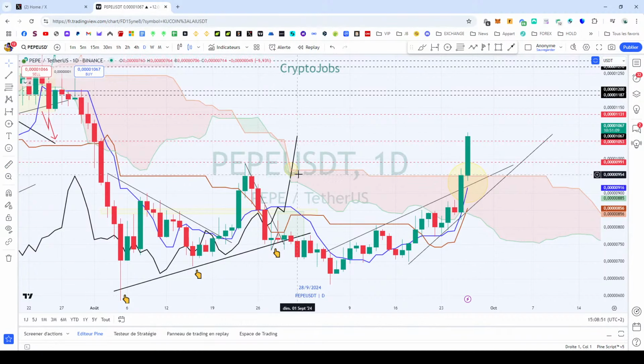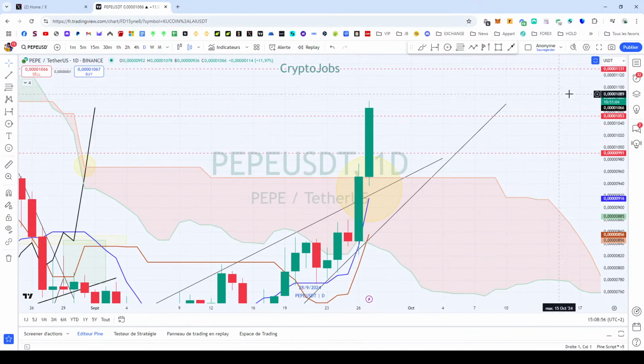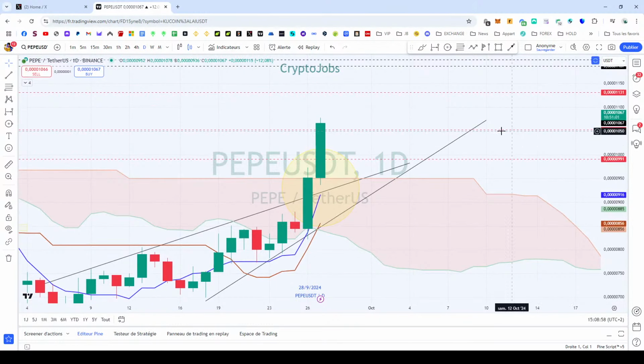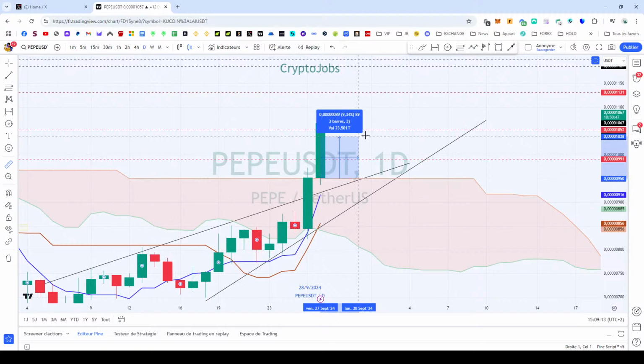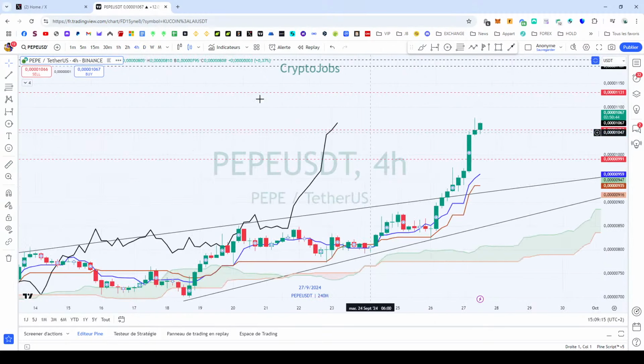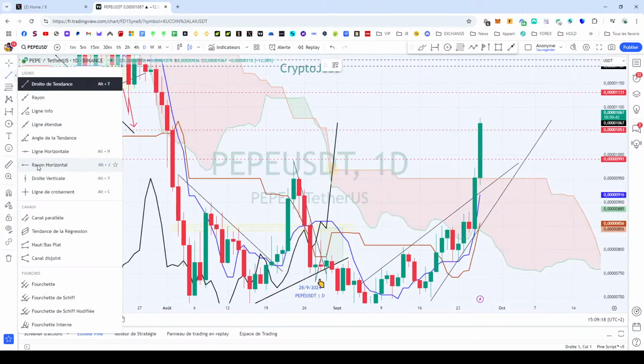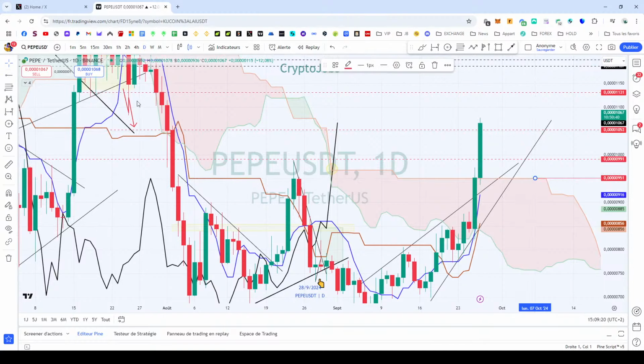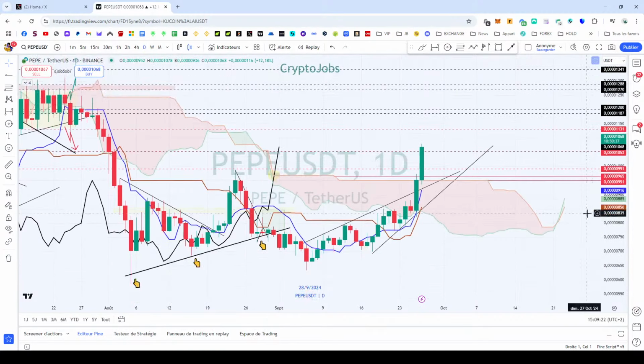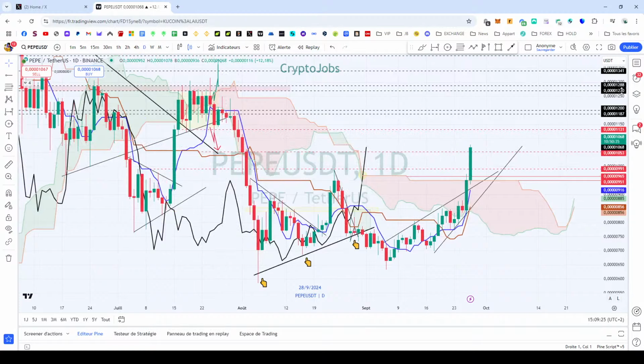We saw on the daily, if I don't say something stupid, the candle opened right there, exactly at this SSB level. We got a little retest lower, and after this we saw a bullish confirmation on the SSB. So this is the main support zone right there, but prices are very far, so it won't touch it right now.